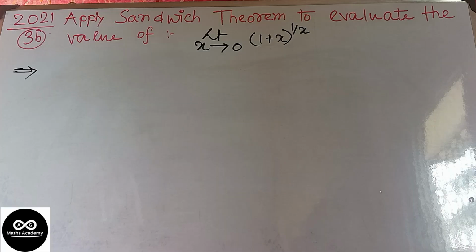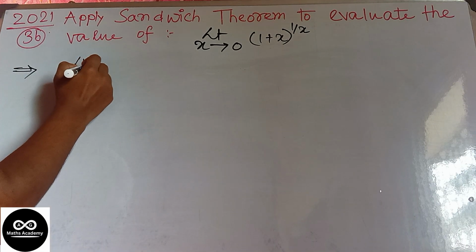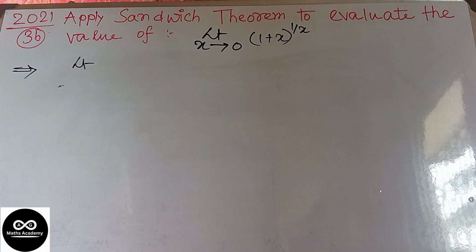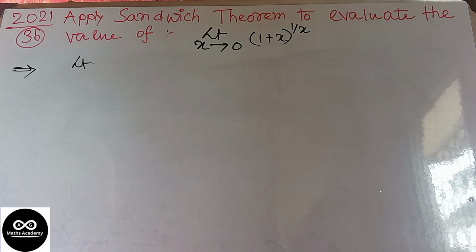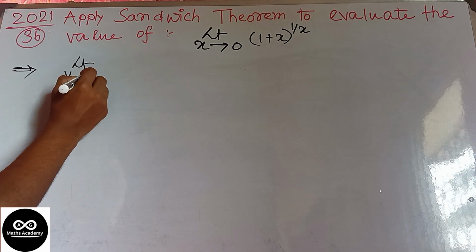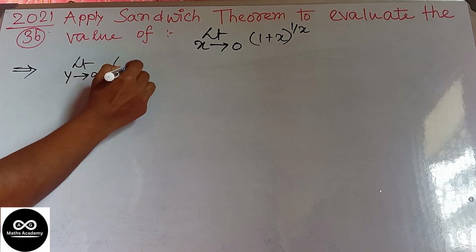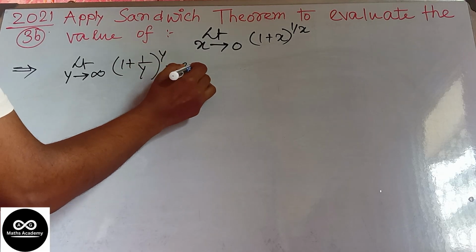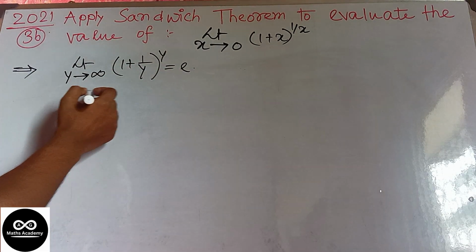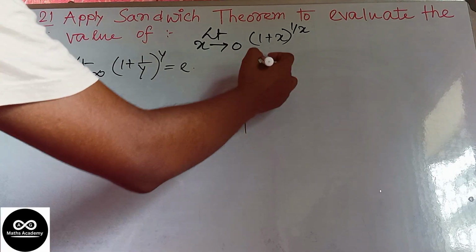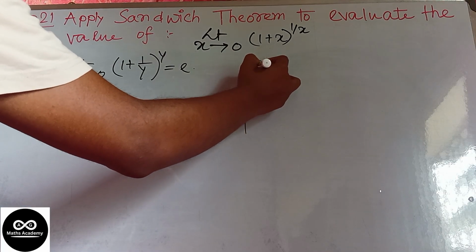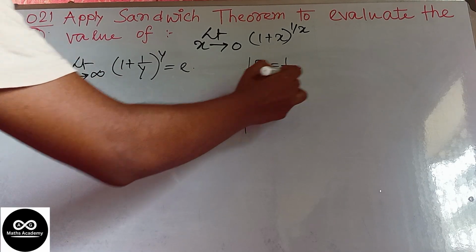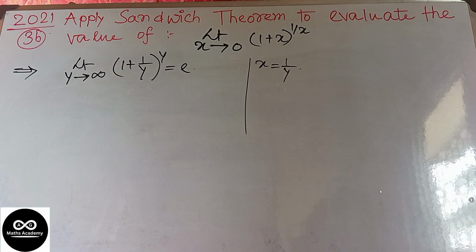So we get the limit as y tends to infinity of (1 + 1/y)^y is equal to e. From here, what we have taken before is x equals 1/y.